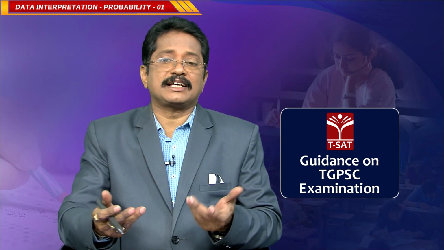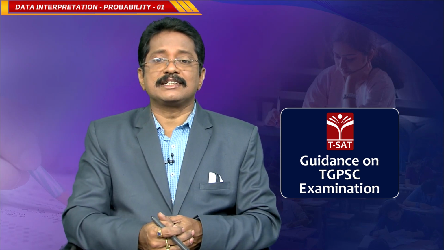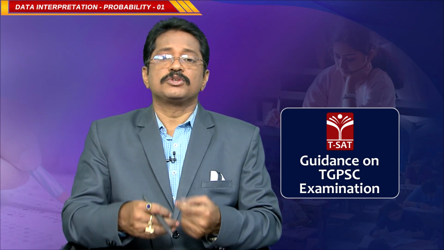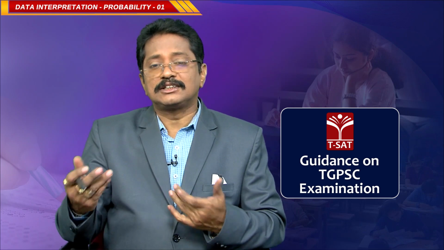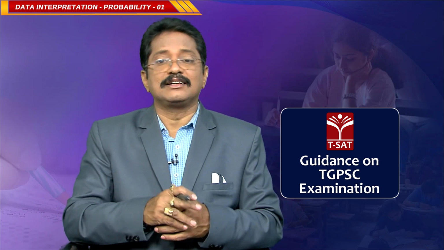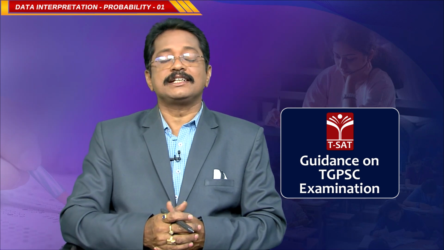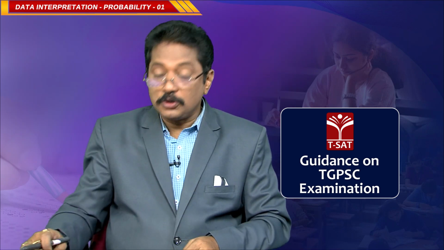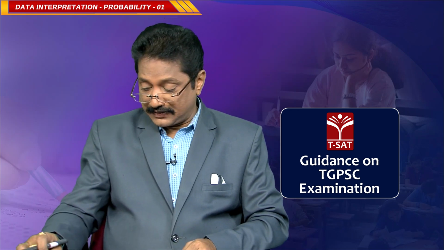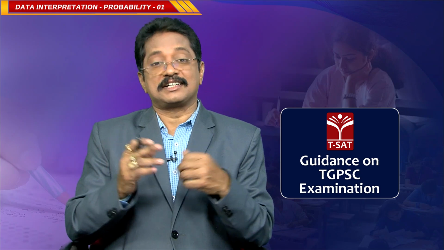Generally we toss a coin, and whoever wins the toss decides whether to bat first or bowl first. So when the coin is tossed, we have 2 possibilities, head and tail, clear.